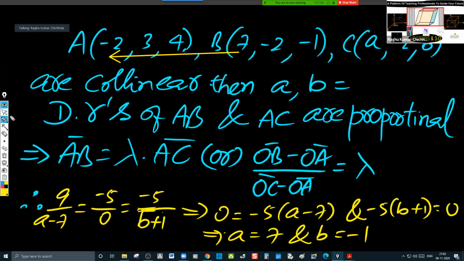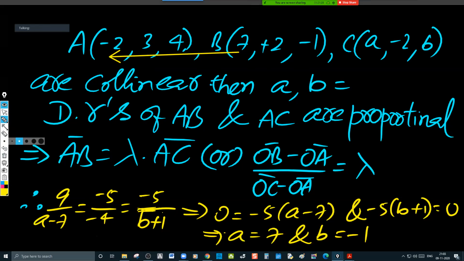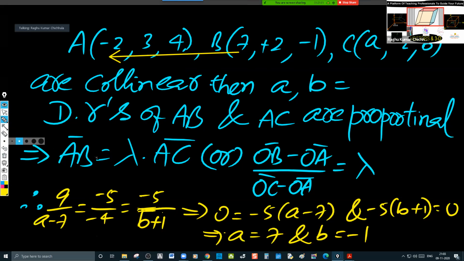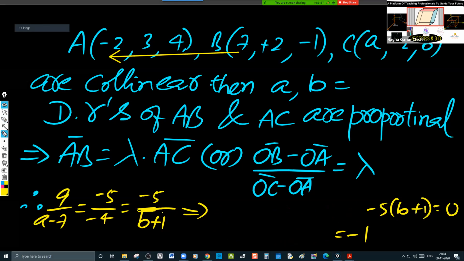So very simple correction I'll do. I'll make it as plus 2, no problem. Then what happens? What will be the denominator? Minus 2 minus 2, minus 4. Thereby you will get this one. Now this minus is getting cancelled, and 5a minus 35.